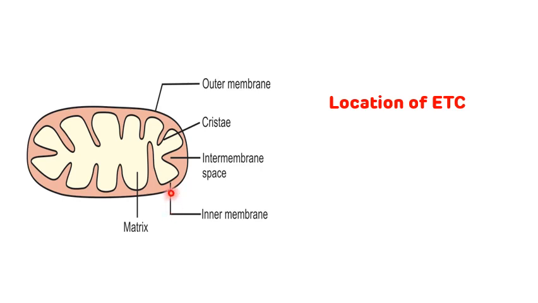You can see this is the inner membrane and this is the intermembrane space. All the enzymes of the electron transport chain are located on the inner side of the inner mitochondrial membrane. This one is the matrix, these are the cristae, and this one is the outer membrane. So that is the location of the electron transport chain. This can be asked in various multiple choice questions.